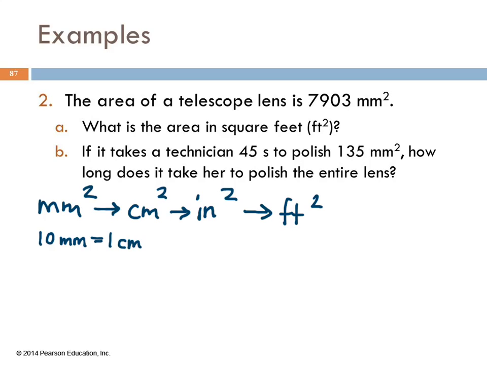Relationship between centimeters and inches, 2.54 centimeters equals 1 inch. Relationship between inches and feet, I expect that you know that. To get the squared relationships, we just have to square them. Now, whether you square them before you put them into the big old equation or not is kind of up to you.